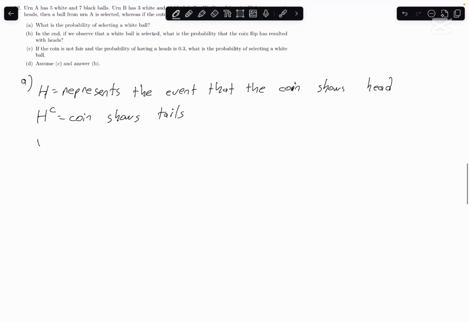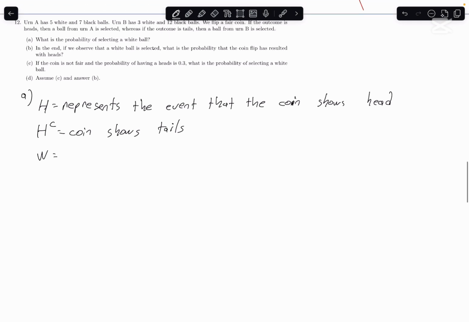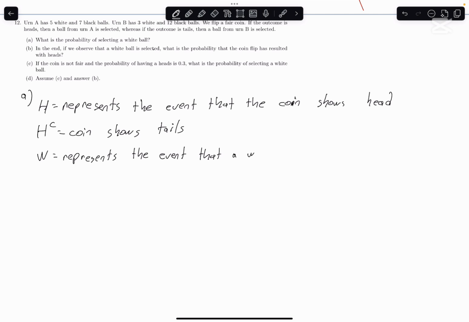So let's write which color we selected from the urns. Let's say W represents the event that a white ball is selected at the end.